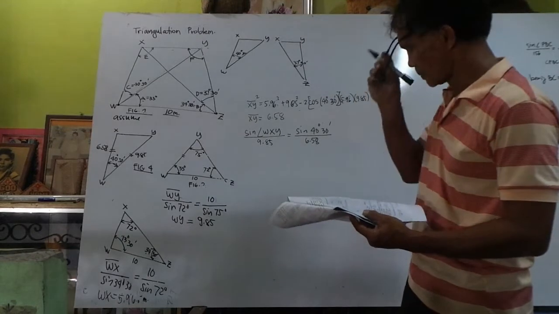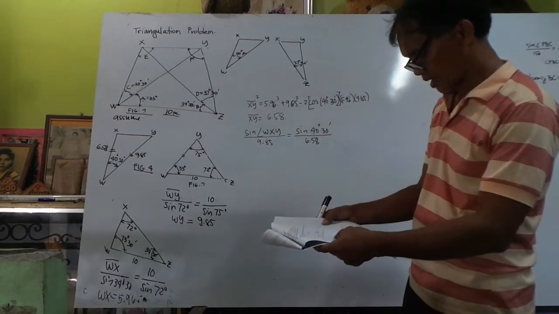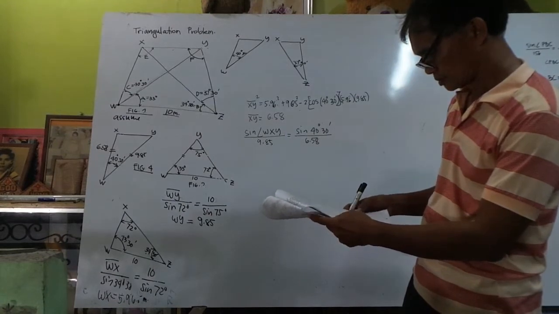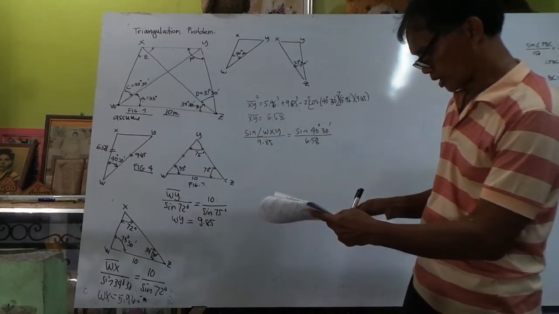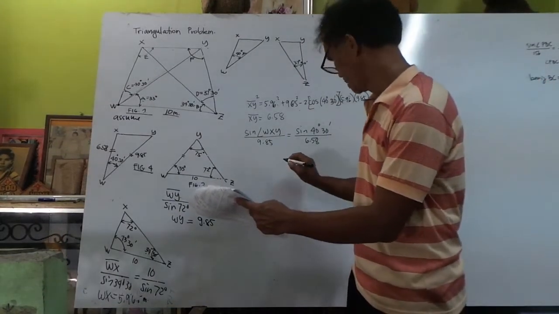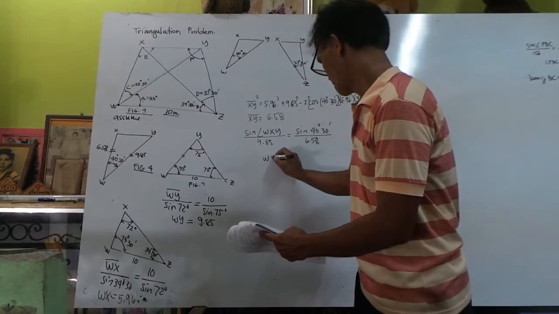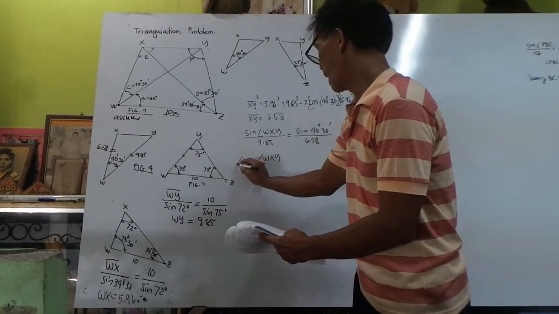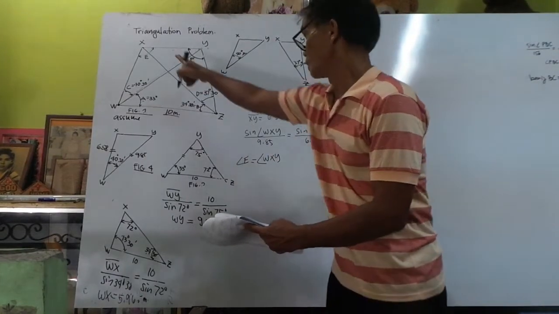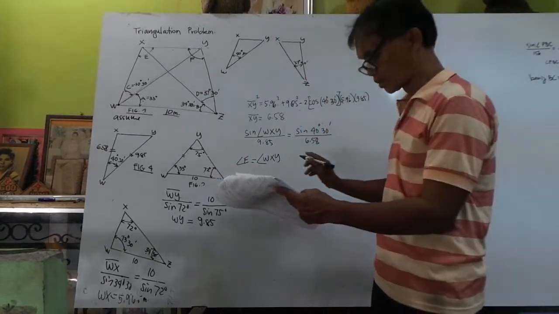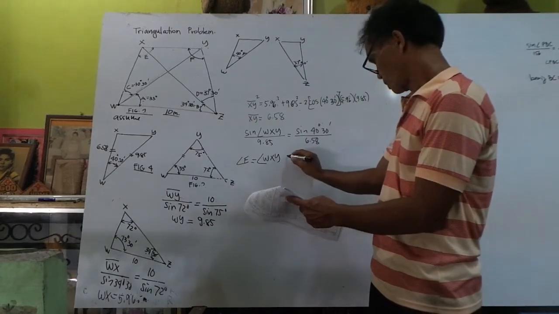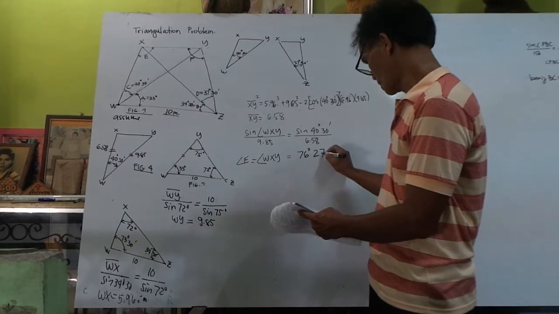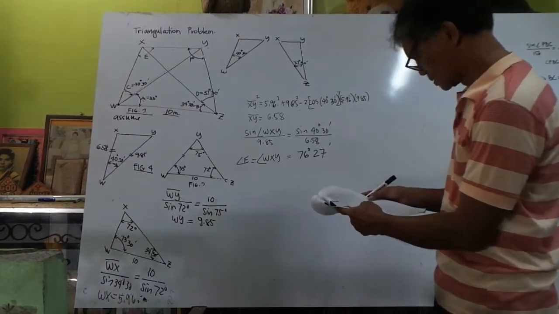Then you will have an angle WXY of 76 degrees. Angle WXY, which is also equivalent to your angle A, the angle that is required, is equivalent to 76 degrees and 27 minutes.